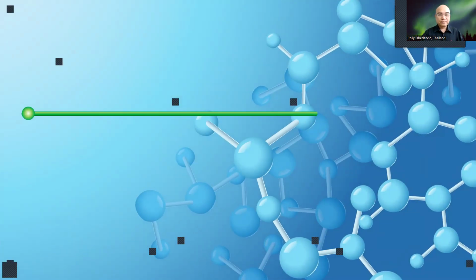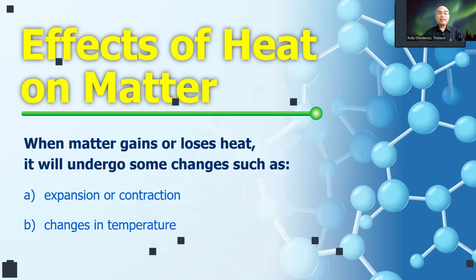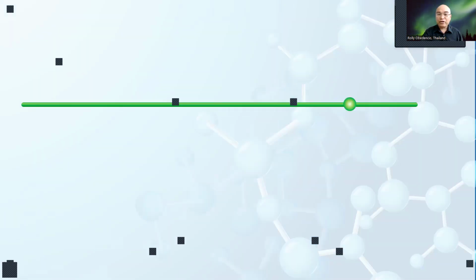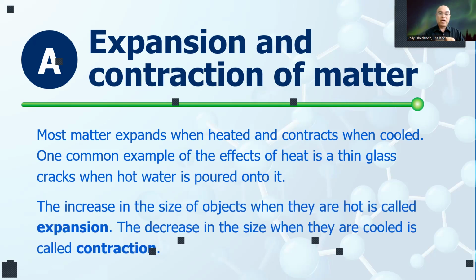So right now, effects of heat on matter. When matter gains or loses heat, it will undergo some changes such as expansion or contraction and changes in temperature and then changes in states of matter. Now, what about expansion and contraction of matter?